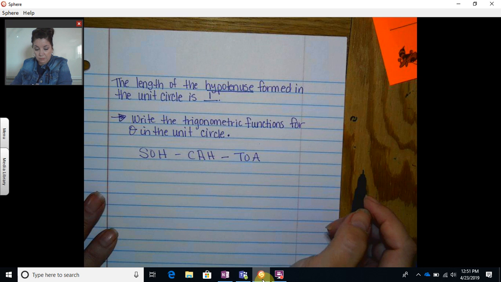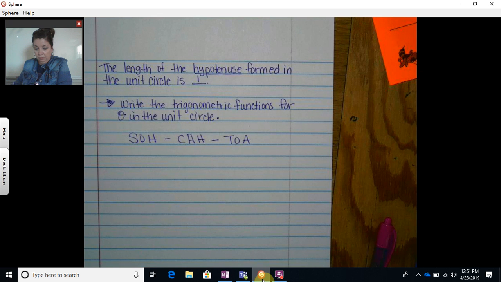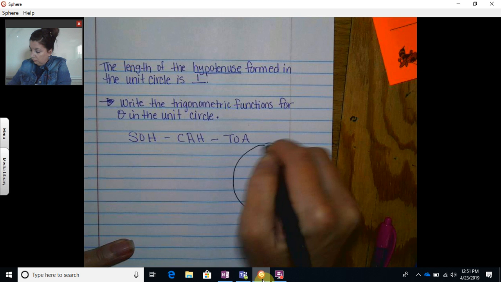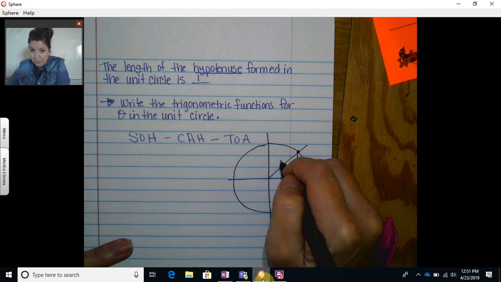Let me draw a quick unit circle over here, a small one like I had on the previous page. The hypotenuse has a length of 1.